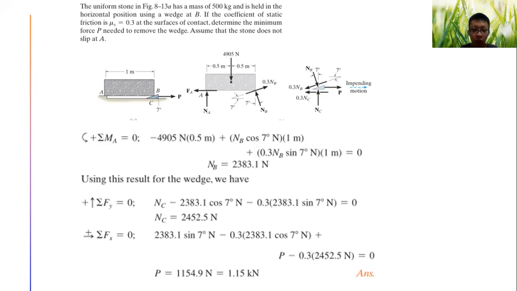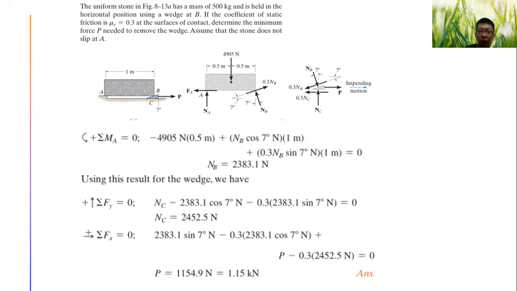MA equals 0, as we use the equilibrium system, and it will be negative 4905 times 0.5, and then plus MB cos 70, which is a vertical force, times 1 meter, and then plus 0.3 MB sin 70 Newton, which is also a vertical force, times 1 meter, equals 0. So we get MB equals 2383.19 Newton.